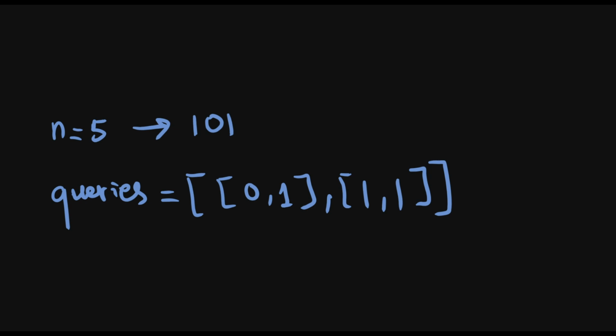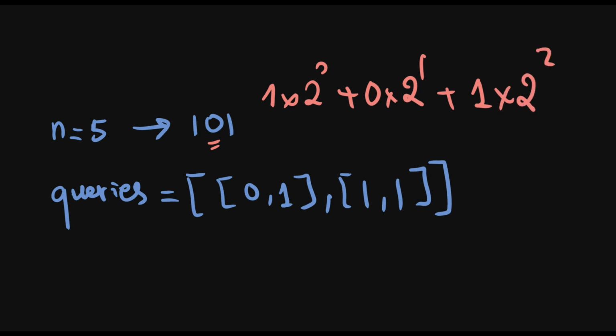This means we get 1 times 2 to the power 0, plus 0 times 2 to the power 1, because the second digit here is 0, and then we add 1 times 2 to the power of 2. If we sum all of this, at the end we will get 5, which is the integer n itself.